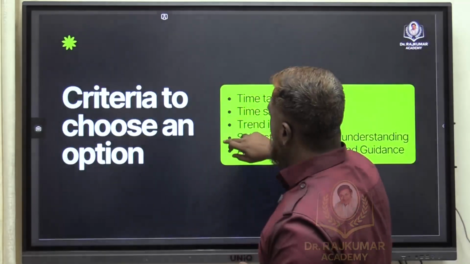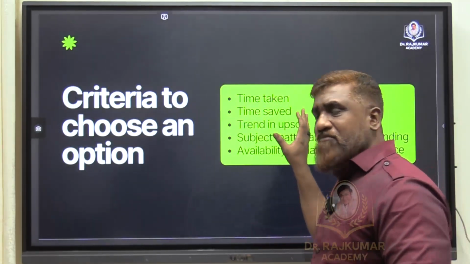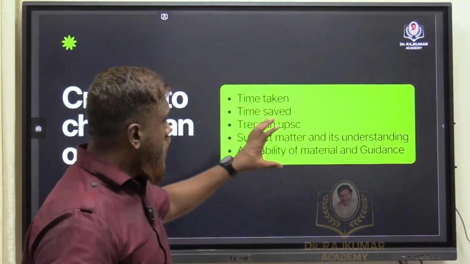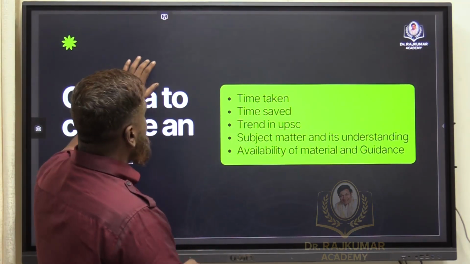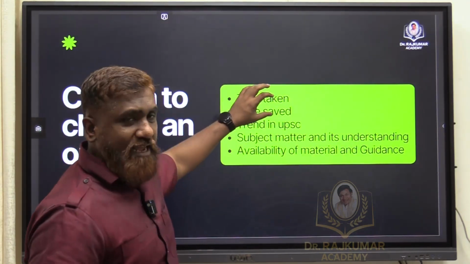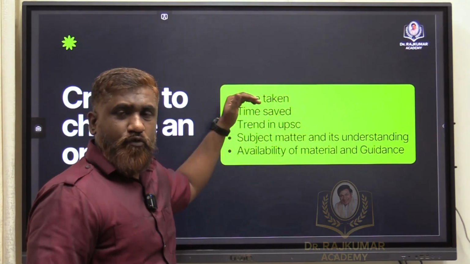In that, time taken and time saved are two important aspects.